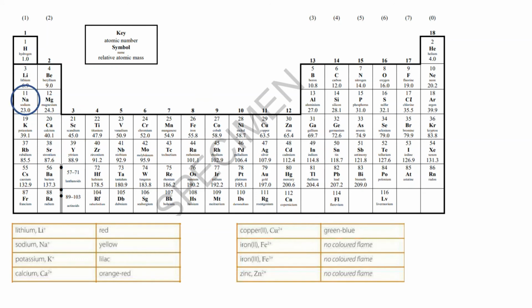Sodium is yellow, and sodium is the one that's circled. Potassium is lilac, and then the one for copper is in the middle of the transition metals, in the middle of the periodic table.